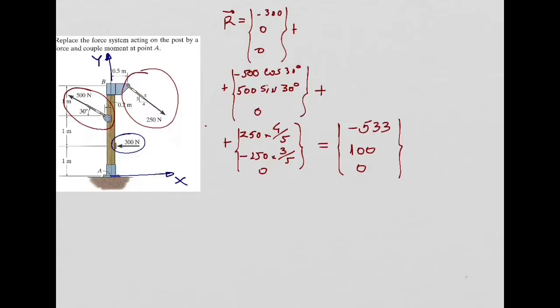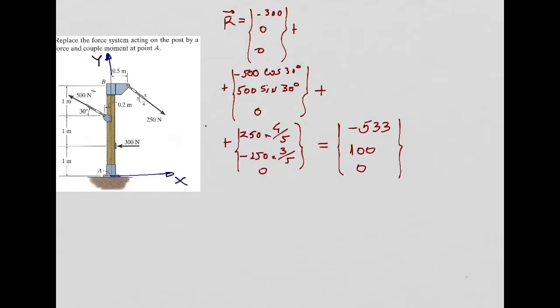So let's do the couple one time and then we will do it in a quicker way. Let's start with this 300 newtons first.